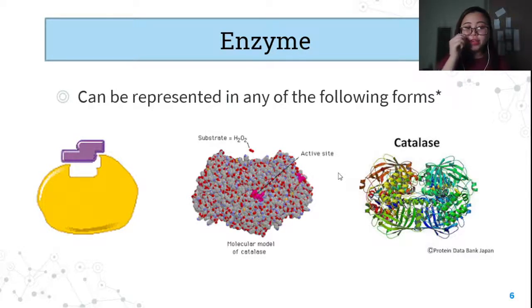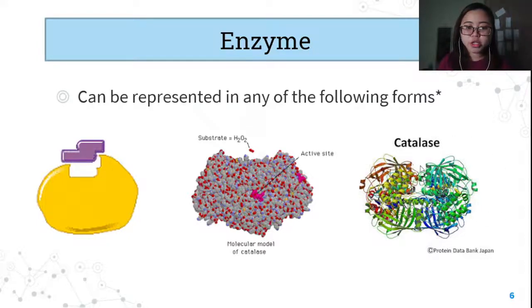We also have another form of illustration that we can use to represent enzymes, which is in this form. So a lot of higher levels of material, especially if you're talking about university level where they have conferences discussing this and that enzyme, this and that protein, they would represent it in this form most of the time.